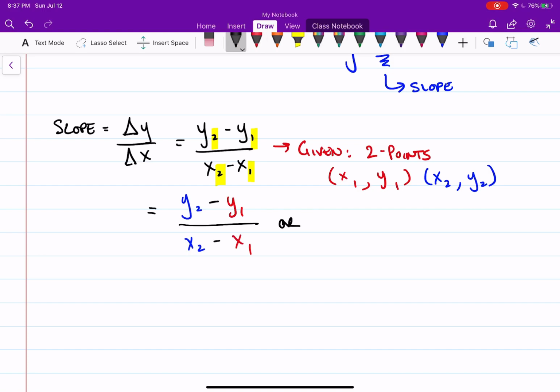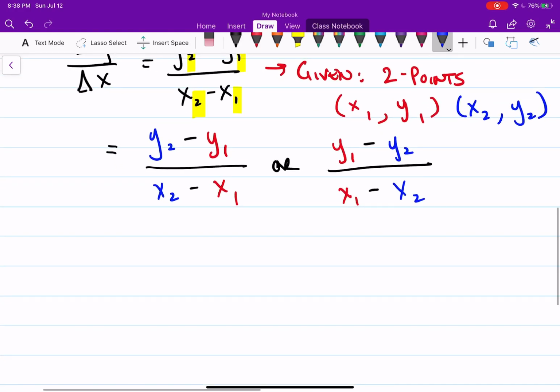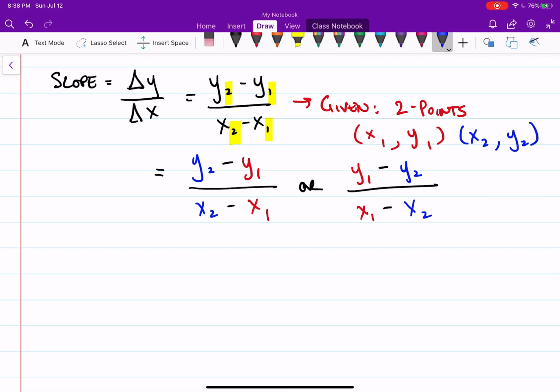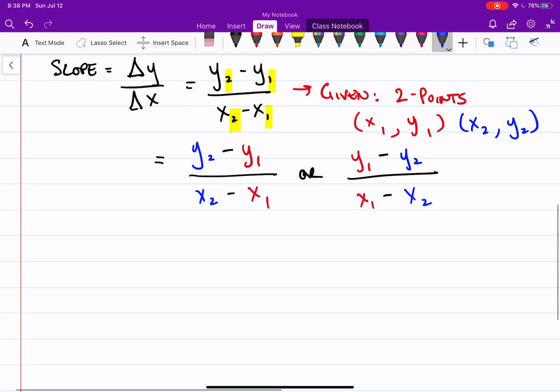Or I could also say y1 minus y2 over x1 minus x2. These both mean the same thing. It's just trying to tell you stay consistent. Stay in order, okay? It's not about fairness. It's about order, all right?